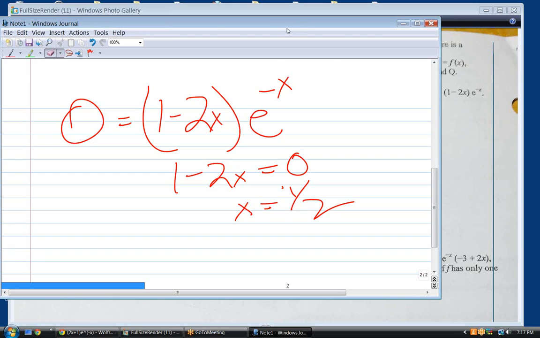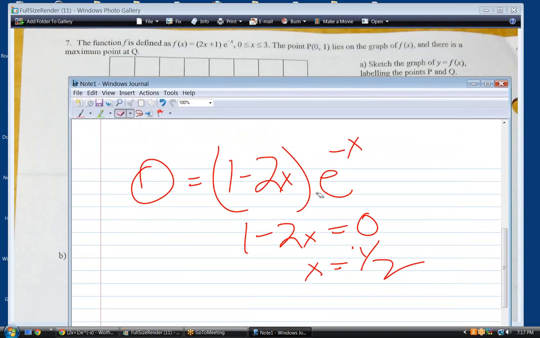Right. Okay, so if we want the coordinates of point Q, then we plug 1/2 into which equation? f of x. Right. So what is that?